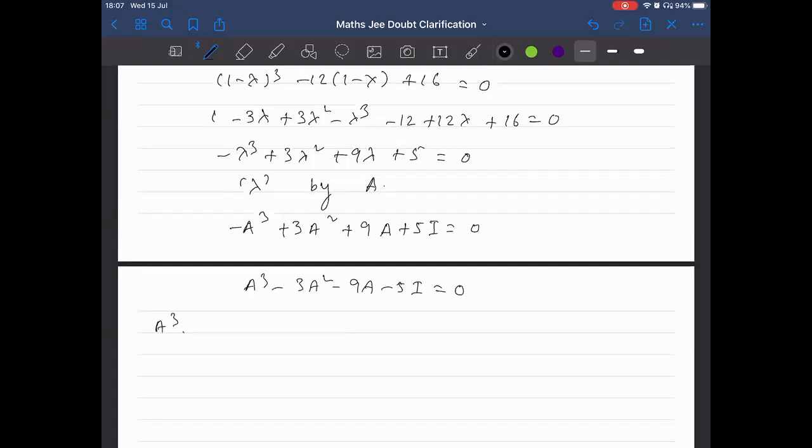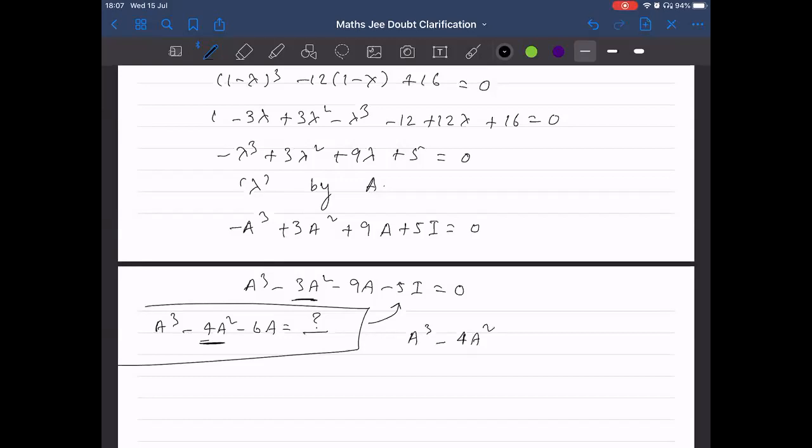So they're asking you to find the value of A cube minus 4A square minus 6A. So how can we find this value using this characteristic equation? Let's transform it. Here 4A square is there, and here minus 3A square. So how can we write it? Minus 4A square plus A square. Next, minus 6A, how can we write?